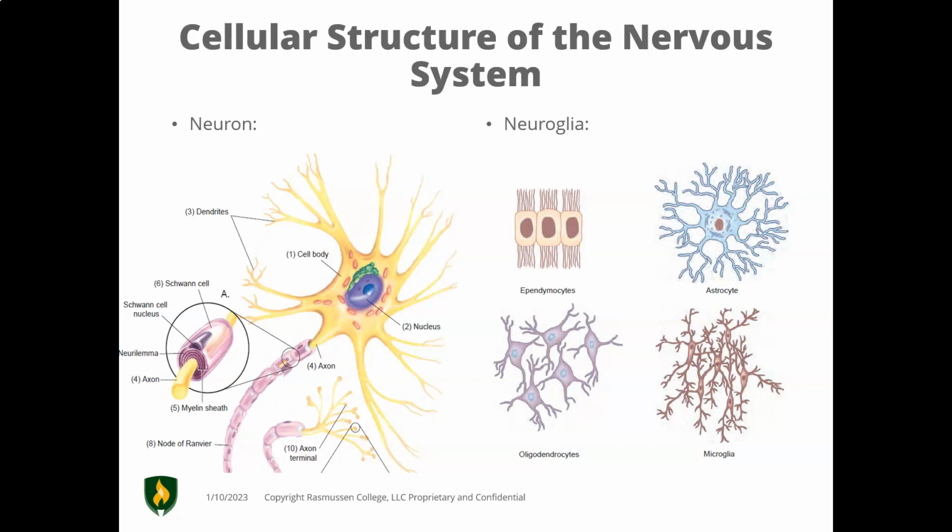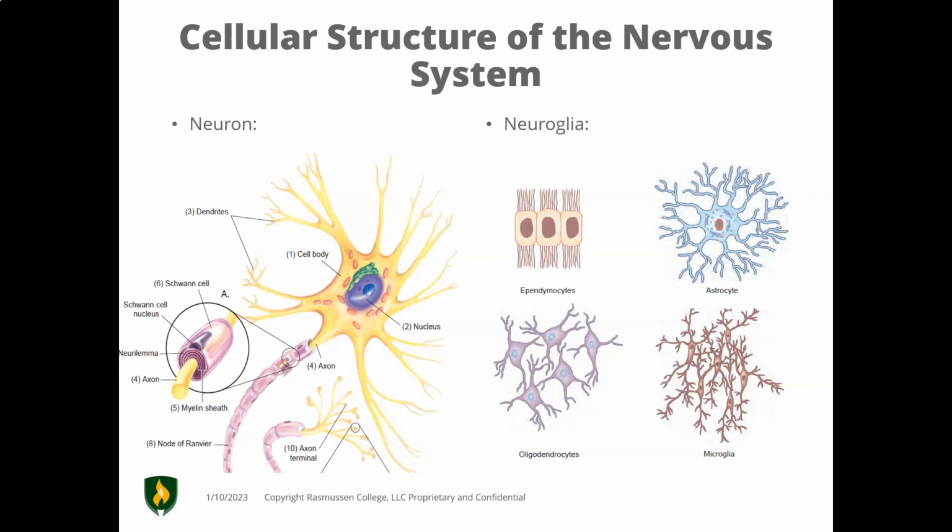Neurons transmit impulses that are identified by their direction of how the impulse travels. Afferent, A-F-F-E-R-E-N-T, is when the direction is toward the brain and the spinal cord. Efferent, E-F-F-E-R-E-N-T, is the direction away from the brain and spinal cord.